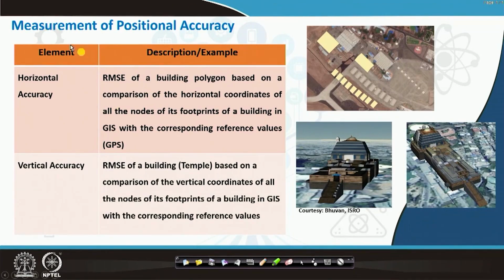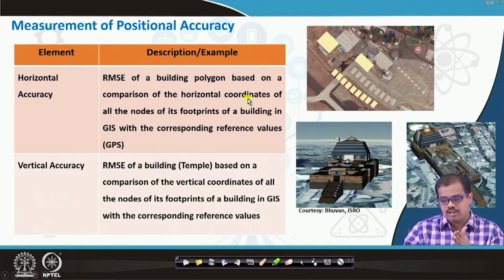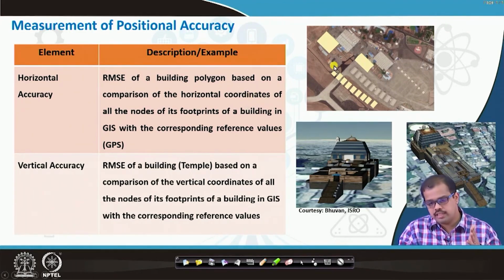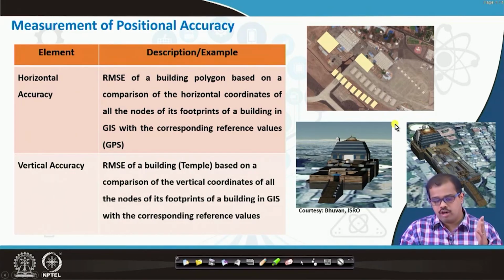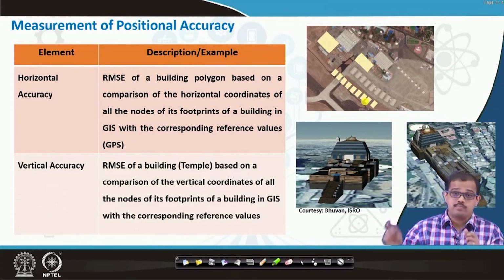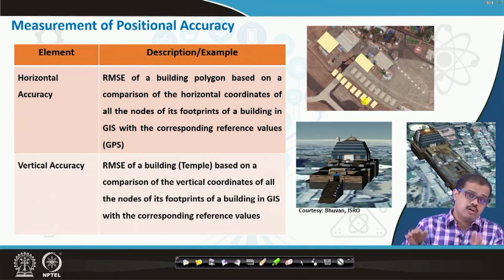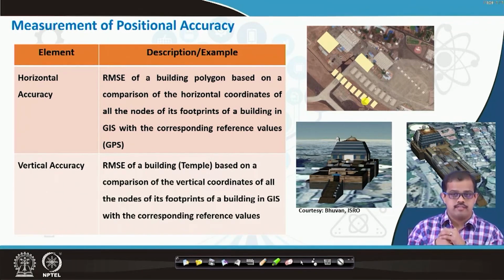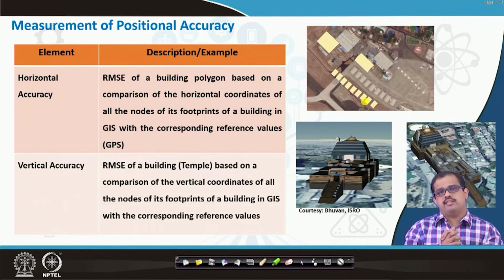For example, here the first thing is horizontal accuracy. So when you look at this, RMSE of a building polygon is based on comparison of horizontal coordinates. That is, if I am trying to see these polygons, it is dependent on the horizontal coordinates of all the nodes of the footprints of a building in GIS with the corresponding reference value on the ground, that may be through your GPS or any other ways.